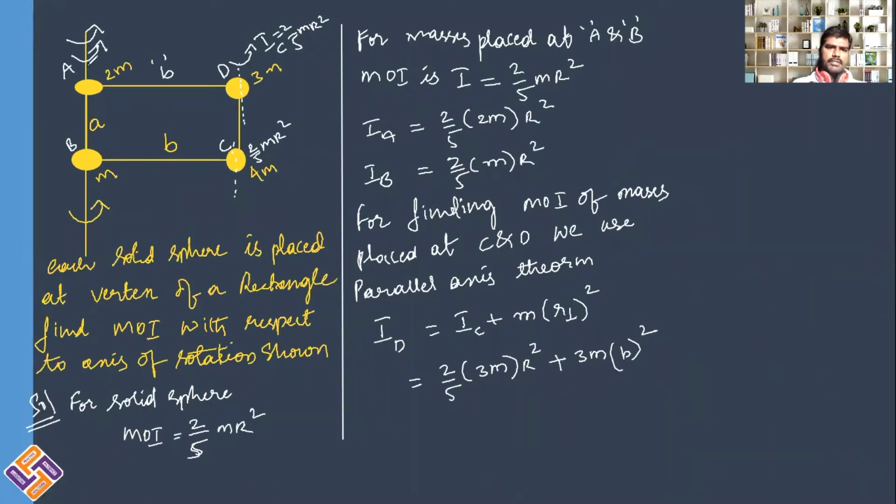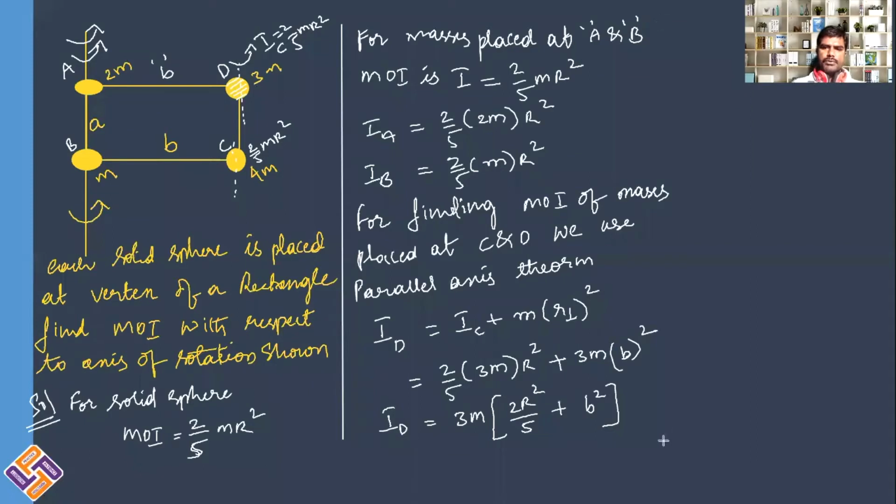For this axis, you are calculating the moment of inertia of this 3m mass with respect to the axis passing through AB, and for that I am using the parallel axis theorem. So I_D is equal to 3m, taking it common, into 2r square by 5 plus b square. That is the moment of inertia with respect to D.